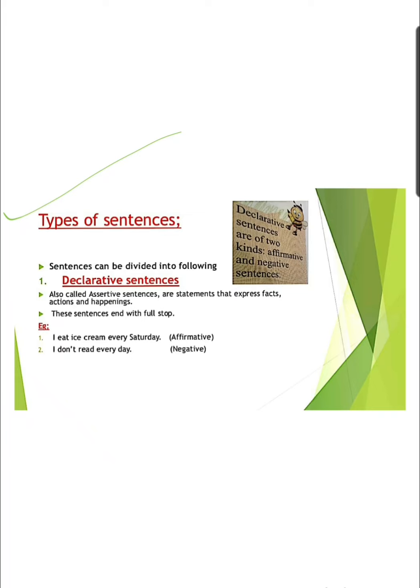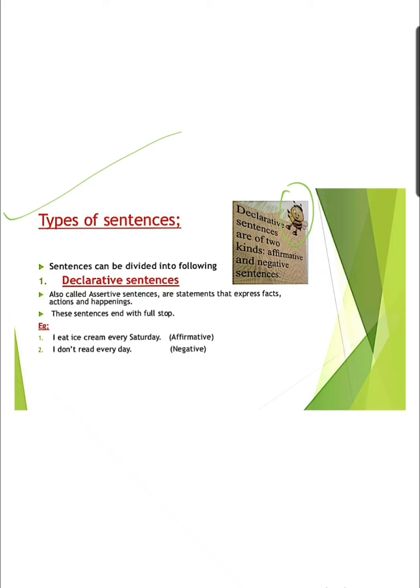Now here we can go for the types of the sentence. The first type of the sentence is declarative sentence. Declarative sentence, also called assertive sentence. These are the statements that express facts, actions and happenings. Fine, students, declarative sentences are of two kinds: affirmative and negative sentences.